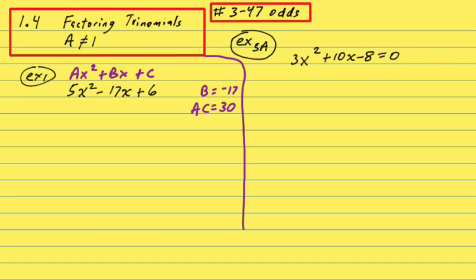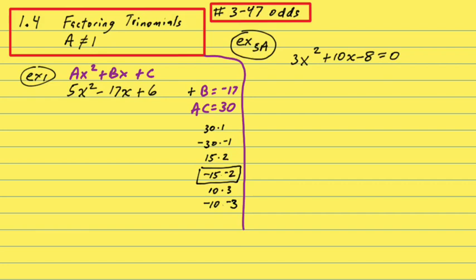So I'll start writing them out. 30 times 1, negative 30 times negative 1. 15 times 2, negative 15 times negative 2. 10 times 3, negative 10 times negative 3. I need them to add to negative 17. Have I found one yet?